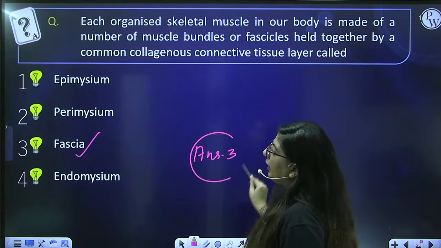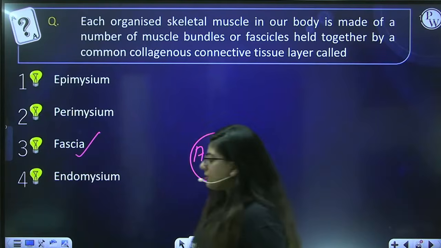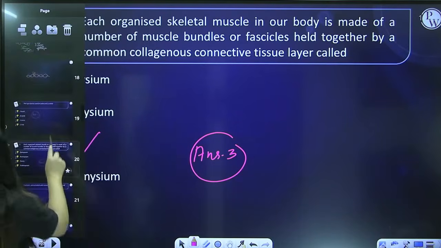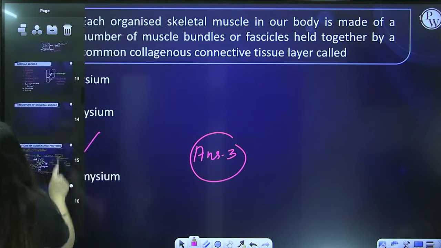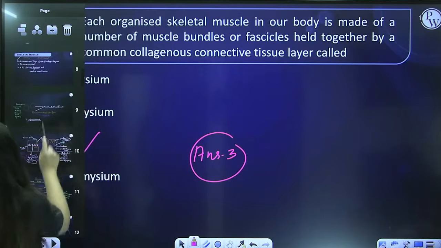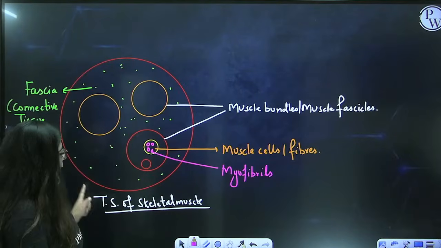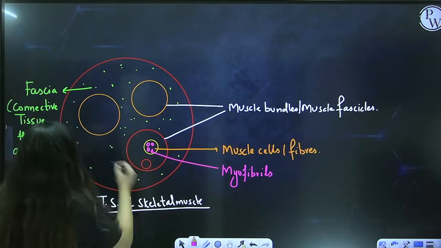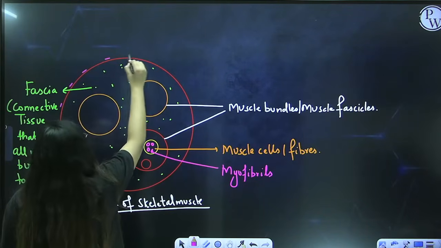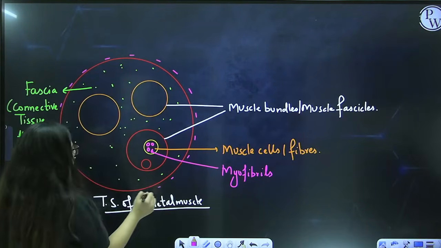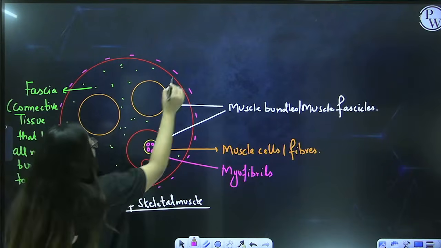Now what is the epimysium, perimysium and endomysium? Let me explain to you. Though it's not given in the NCERT, but for your knowledge I can tell you about these also. So the entire skeletal muscle is covered by a connective tissue like this. This is known as epimysium. What do you call it as?